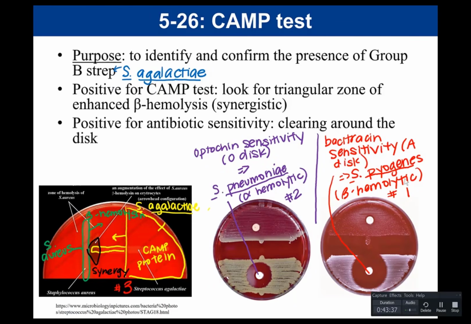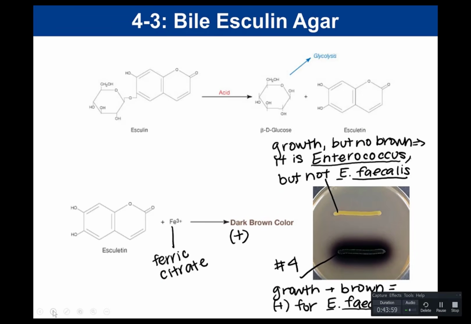And so these are the differential tests to identify these different Streptococcus species. The CAMP test is used to identify group B strep or Strep agalactiae. Optochin sensitivity is used to identify Strep pneumoniae. Bacitracin sensitivity is used to identify Strep pyogenes. So how do we differentiate between our Enterococcus faecalis and our Strep mutans?